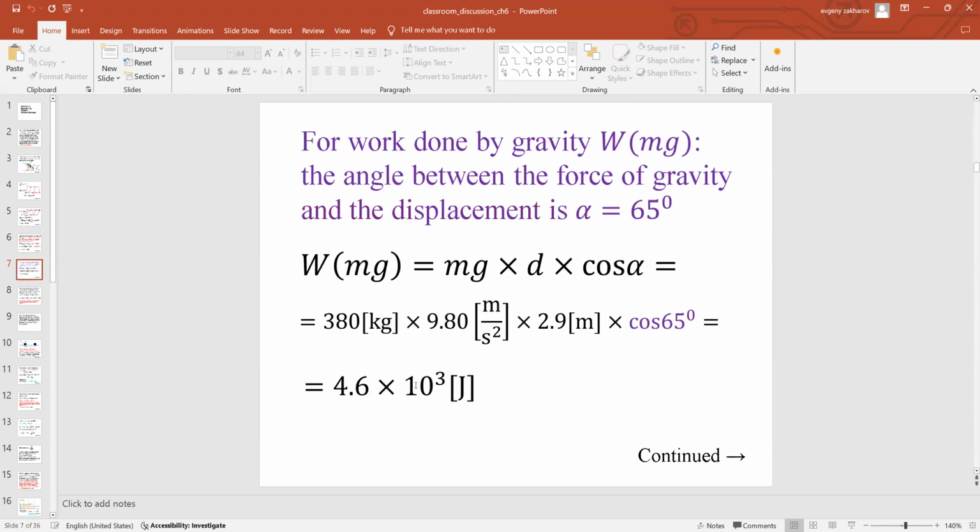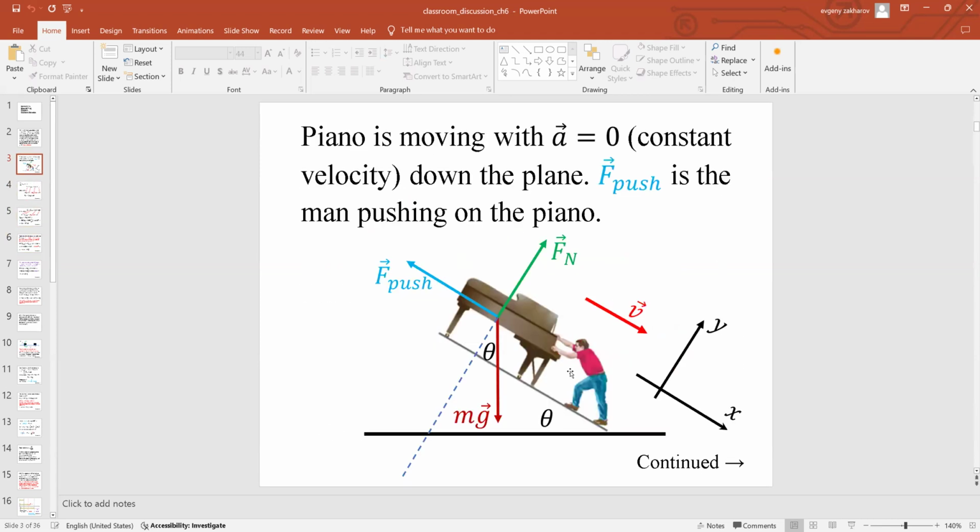Now work done by gravity. Let's take a look at the gravity. The force of gravity right there. And displacement is still the same as the velocity vector. Velocity shows the direction for displacement. And the angle, you can see how this is theta, this is 90. So the other angle is 90 minus theta. So the angle between the gravity and the velocity, which shows the displacement, is 90 minus theta.